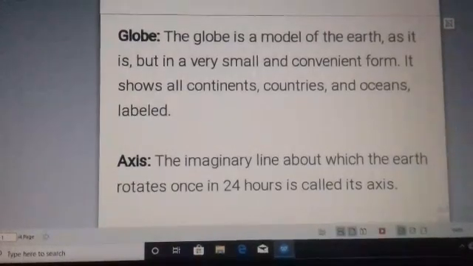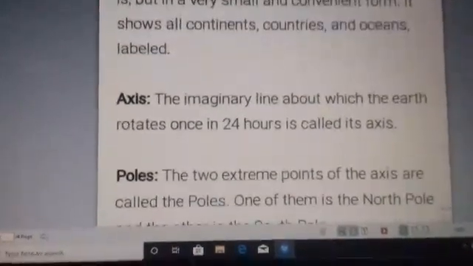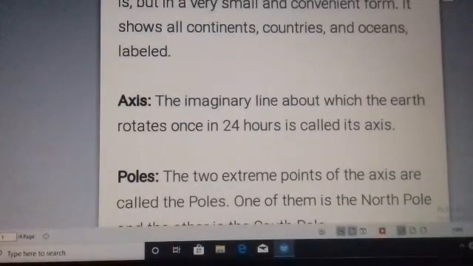Our second point is axis. The axis is an imaginary line about which the earth rotates once in 24 hours. We learned that the axis is an imaginary needle passing through the north and south poles of the earth, and the earth makes one rotation around its axis in 24 hours.